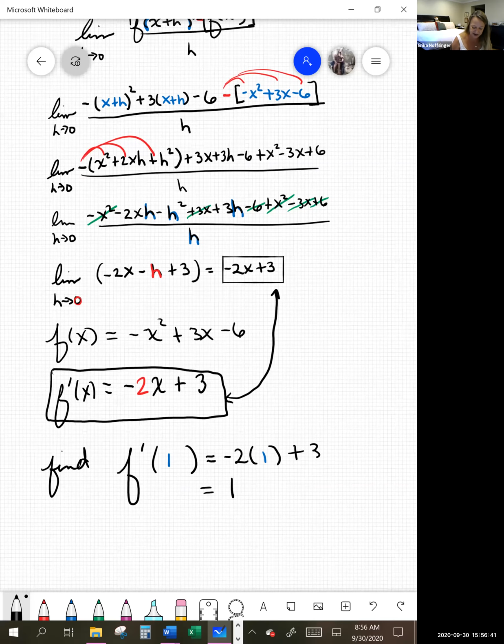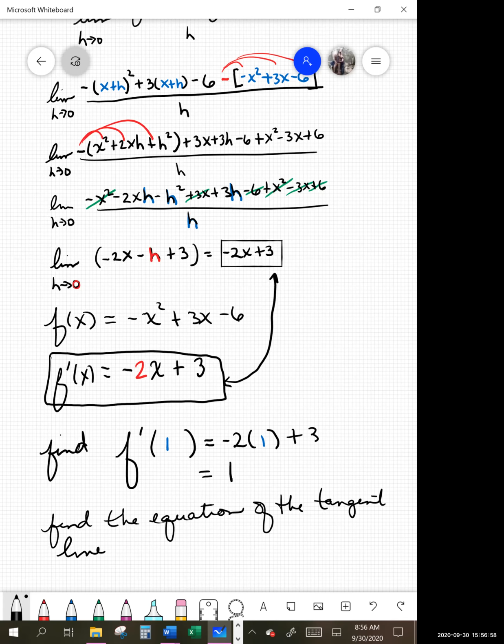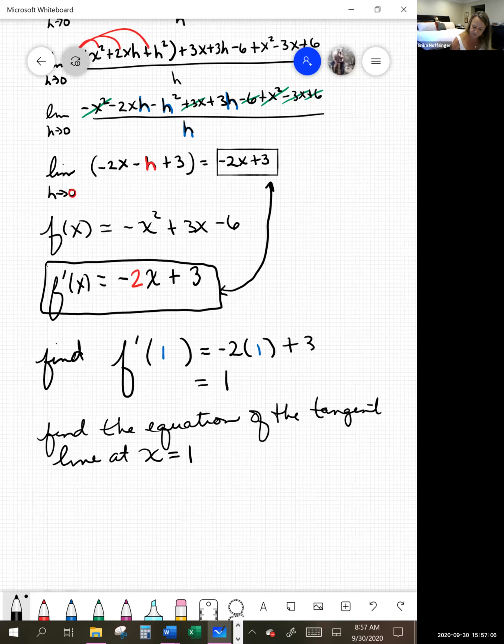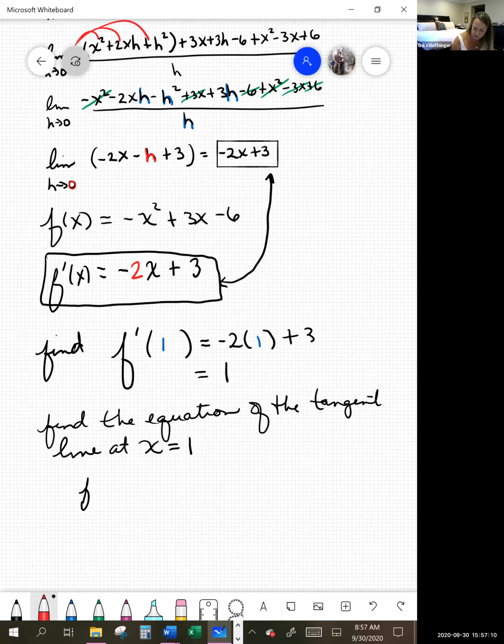So if it asked to find the equation of the tangent line at x equals 1, well, we just found our slope. f prime of 1 was equal to 1.